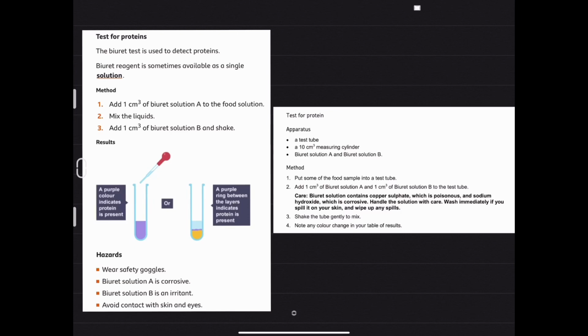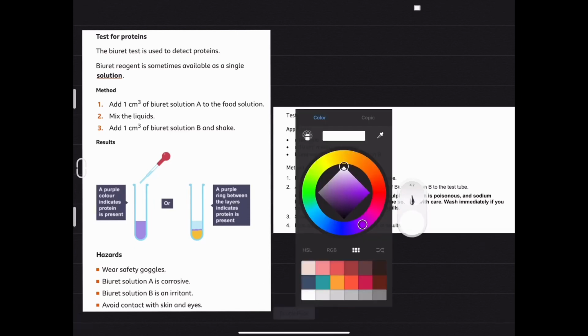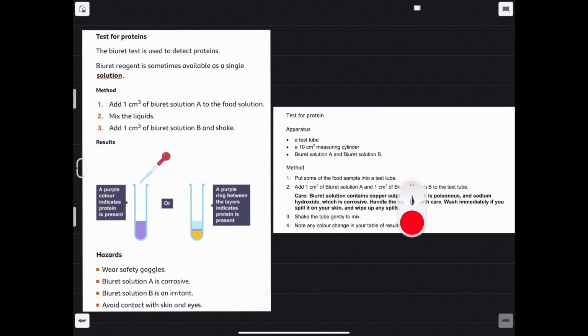On the left, it says add 1 centimeter biuret solution A to the food, and then you add 1 centimeter of biuret B. So you can see that the biuret is split up into two components.